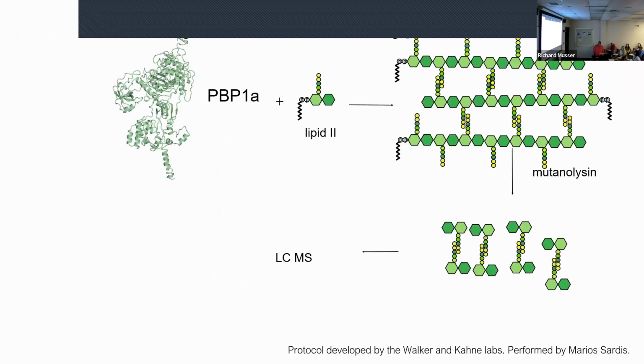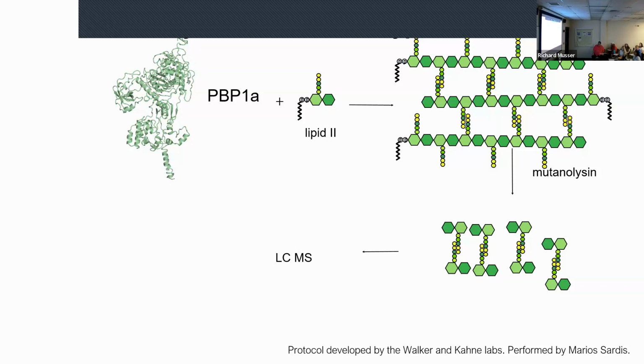Next, my colleague Marios looked at the cross-linking activity. So he took PBP1A and very similarly gave it that disaccharide substrate. But this time he used the substrate from E. coli, so those cross-links formed, because we wanted to assay the cross-linking.